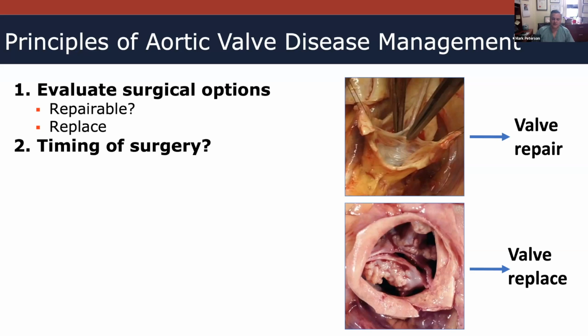And getting it exactly right can be tricky. Obviously, we don't want to be operating on people with relatively normal sized ventricles and clearly hyperdynamic ventricles.